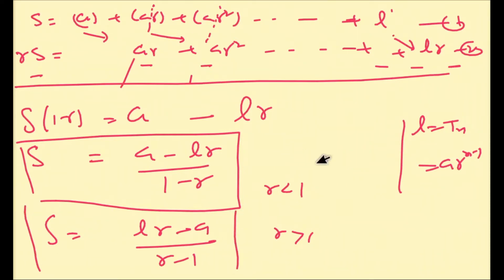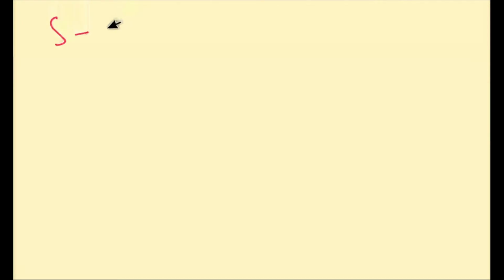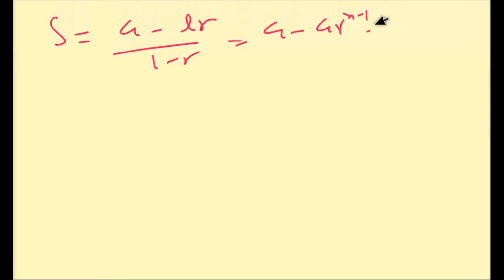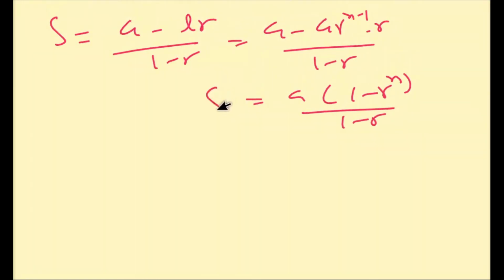Now student, we put the value of l here. So what formula do we get? S equal to (a minus lr) upon (1 minus r). Putting the value of l, ar^(n-1), into r upon 1 minus r. Taking a common, we get a(1 minus r^n) upon (1 minus r). So we can use this formula also.